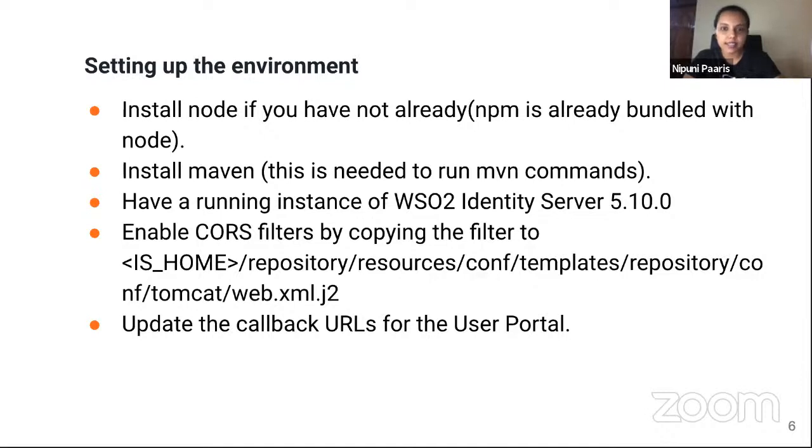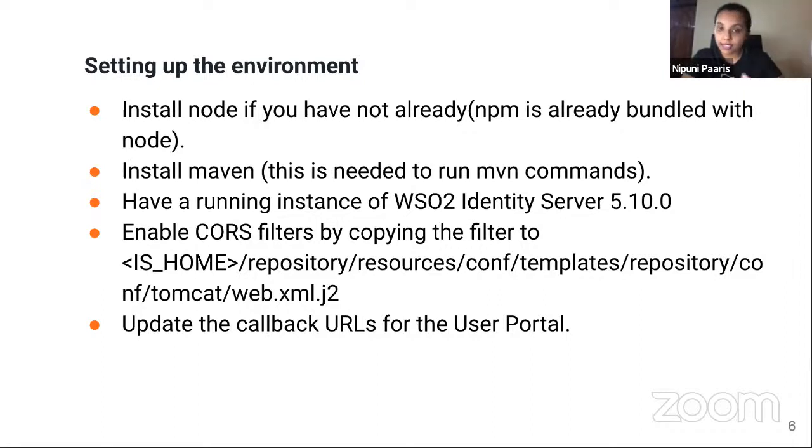Since the user portal is a React-based application, we'll be using Node Package Manager, so you will have to have Node.js installed on your local machine. Secondly, you will have to have Apache Maven installed. This will be used to build our project. And of course, an instance of WSO2 Identity Server 5.10 up and running.